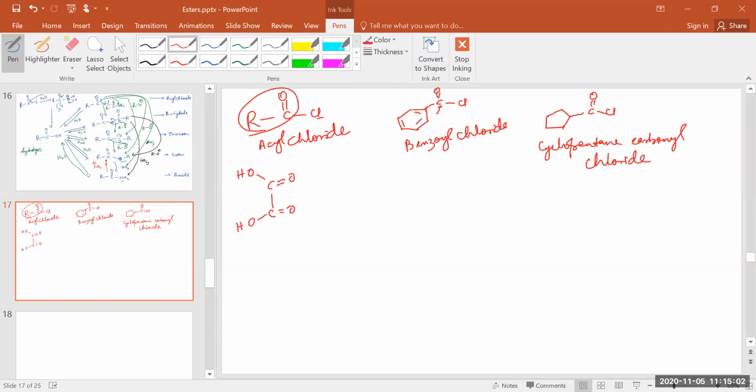Because these are derivatives, if you convert that to COCl, OH is replaced by Cl. So oxalic acid becomes oxalyl. You remove -ic and replace it with -yl: oxalyl chloride.